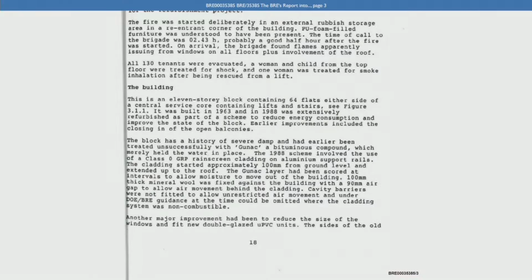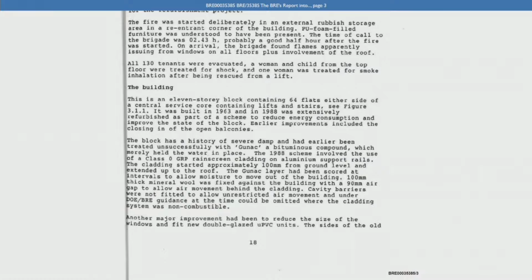And it goes on after the reference there to Garnock, and it says that cavity barriers were not fitted to allow air unrestricted movement, and under the DPE BRE guidance at the time could be omitted where the cladding system was non-combustible.